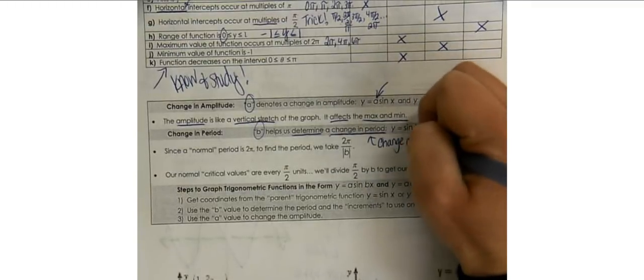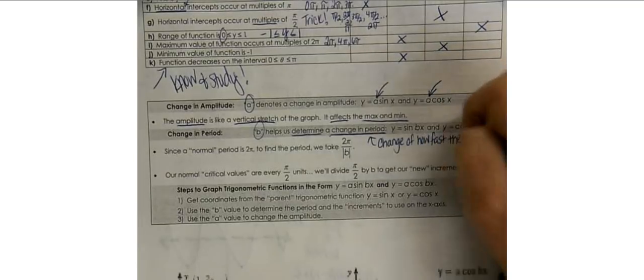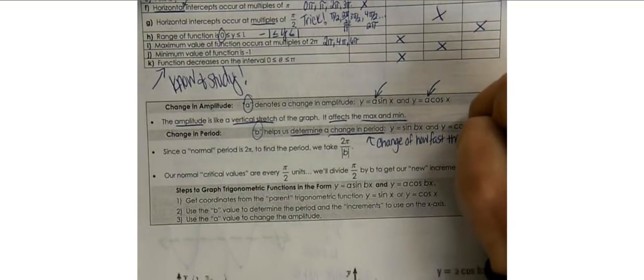And a change in the period describes the change of how fast the graph moves through a cycle. It's the change of how fast the graph moves through a cycle.